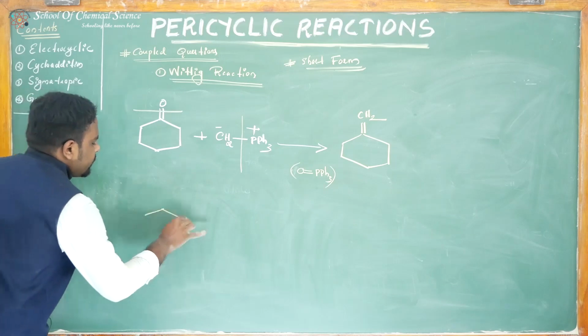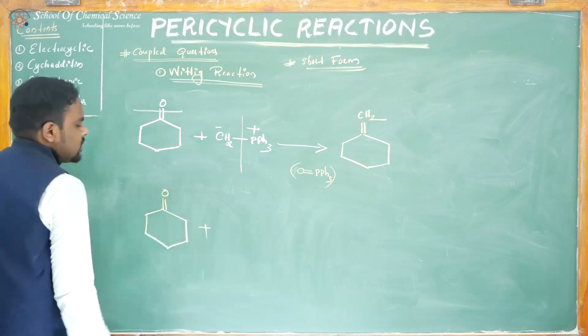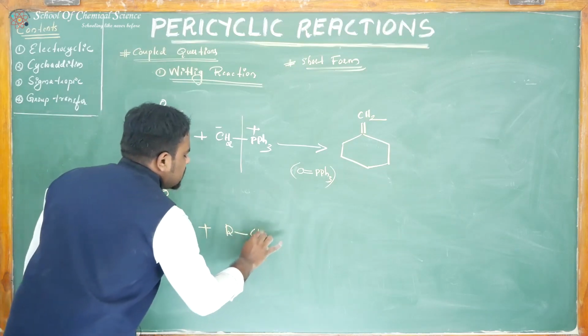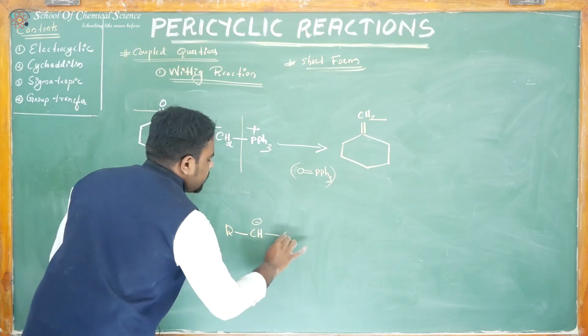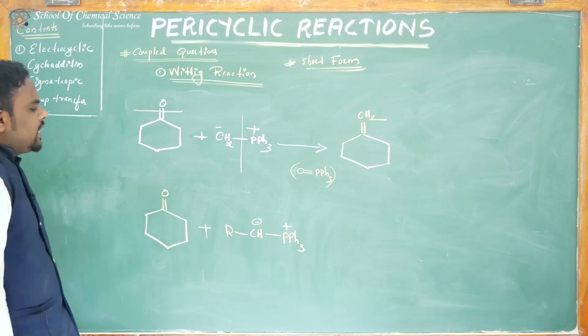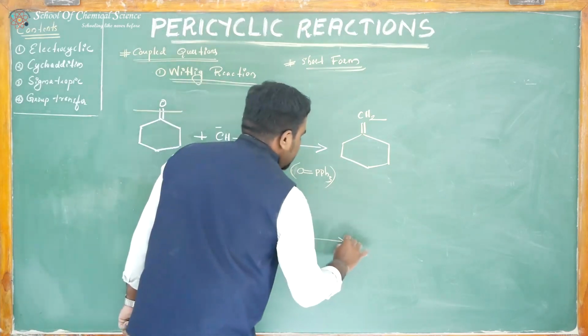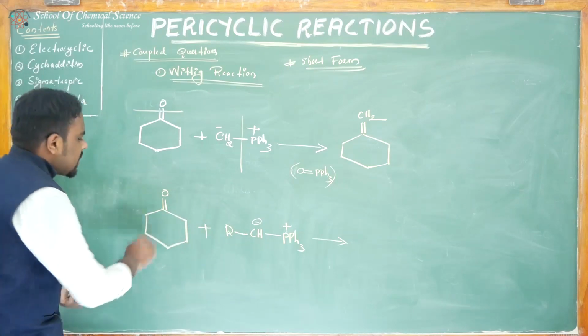Another example. A carbonyl compound plus RCH minus PPh3 plus. What type of reaction? Carbonyl compound, phosphonium ylide. How can you write the product? Cut and paste.